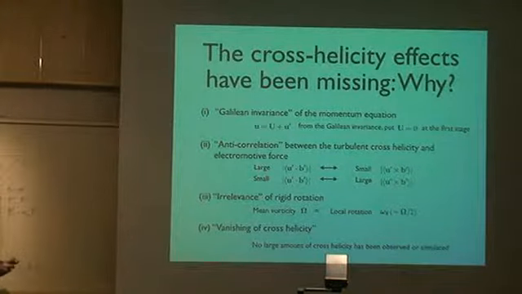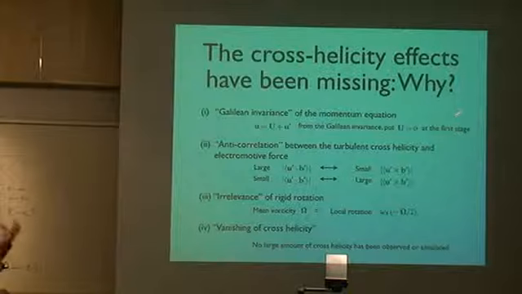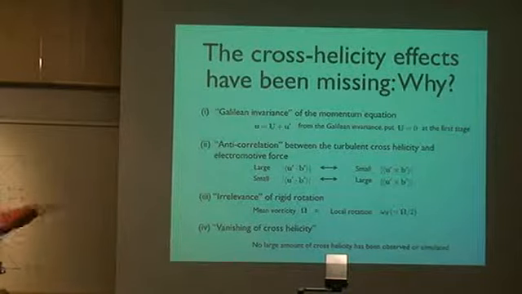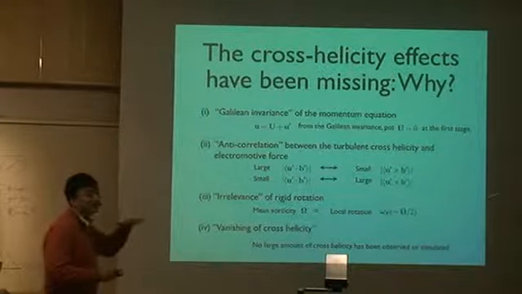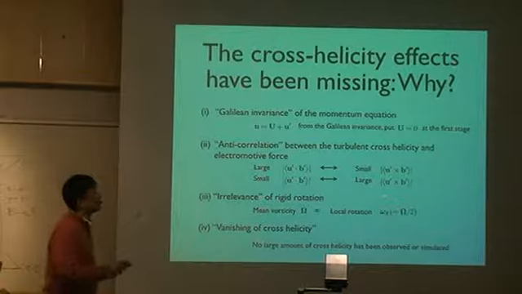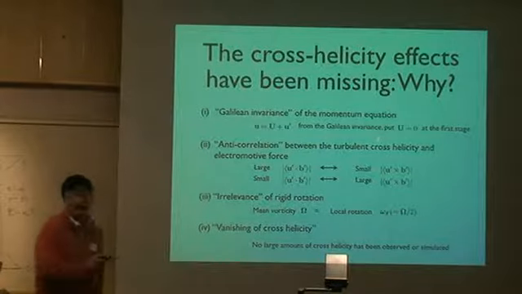First of all, I'd like to stress this point. In many literatures, the large-scale velocity is omitted at a very early stage of the derivation, because of the Galilean invariance of the fluid equation.